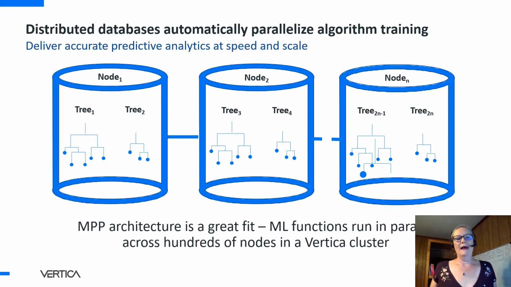So how does a database help you? Well, one of the things that a distributed analytical database is good at, of course, is distributing. So all of the machine learning that is built into a database or designed to be compatible with an MPP database is going to be distributed.